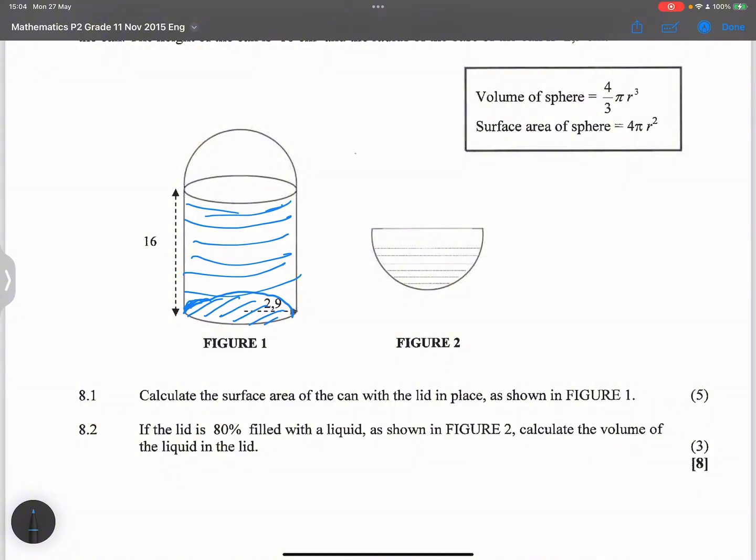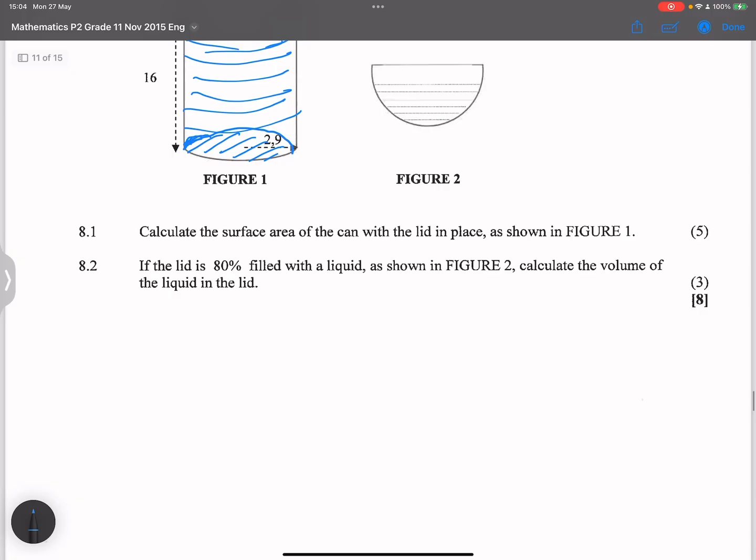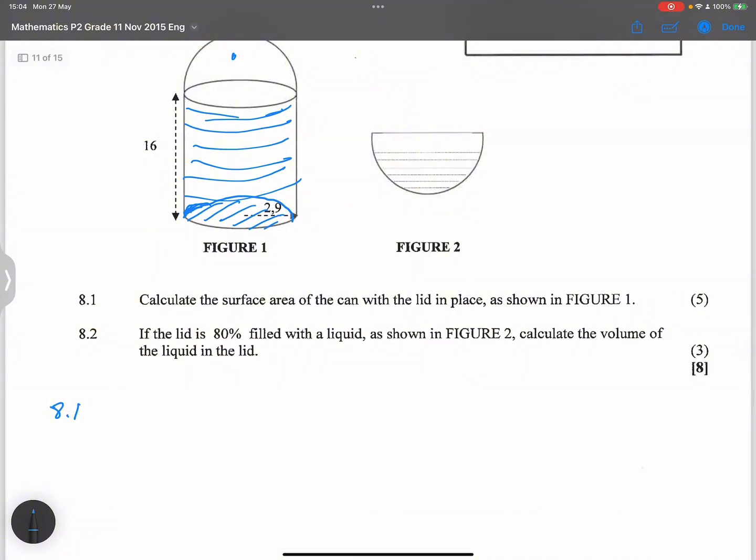And then we're going to take the surface area of the lid. So for 8.1, I'm going to have the total surface area. We're going to have pi r squared. Remember, that is the circle, which is the base.